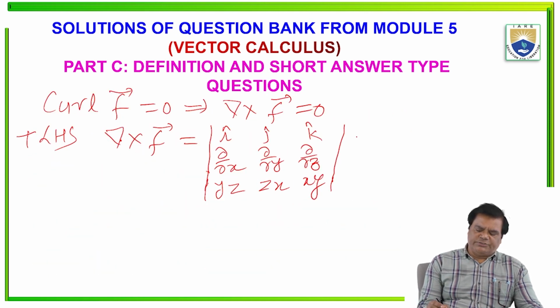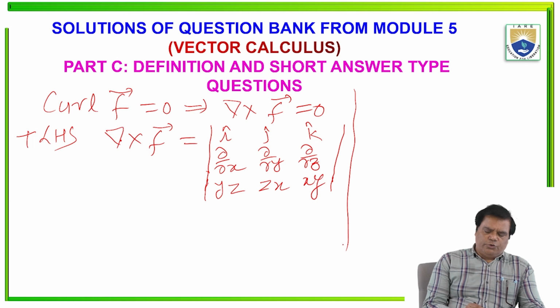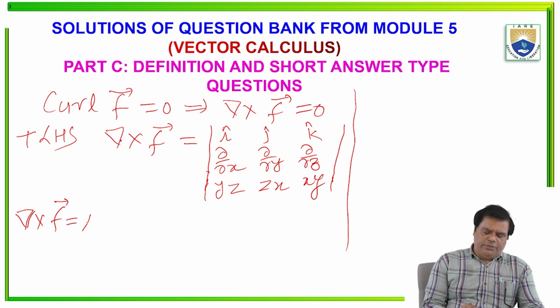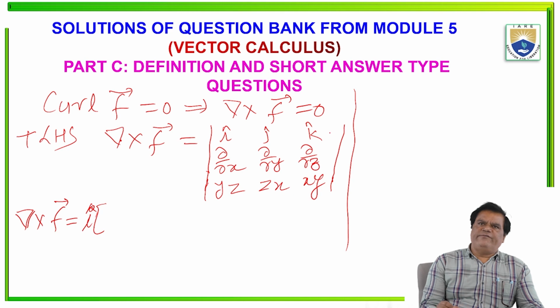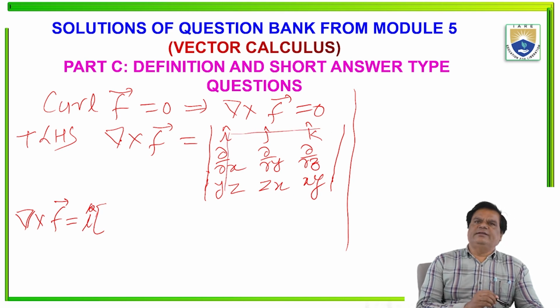Now solving this, del cross F equals i times the bracket, where the first row and first column are cancelled.